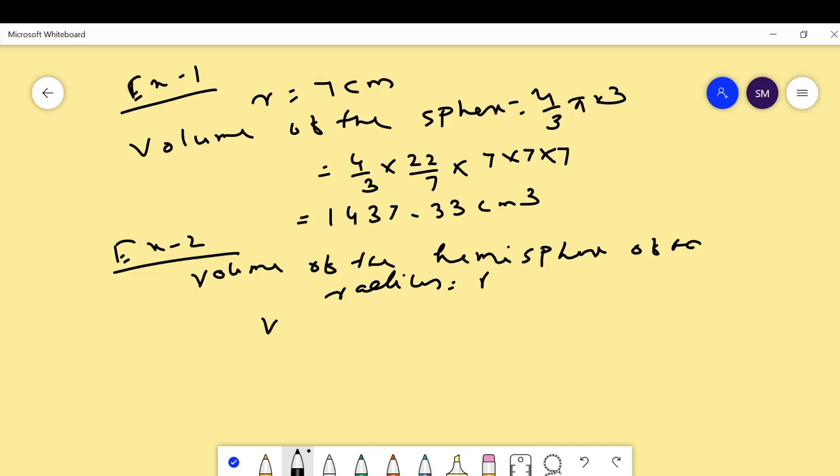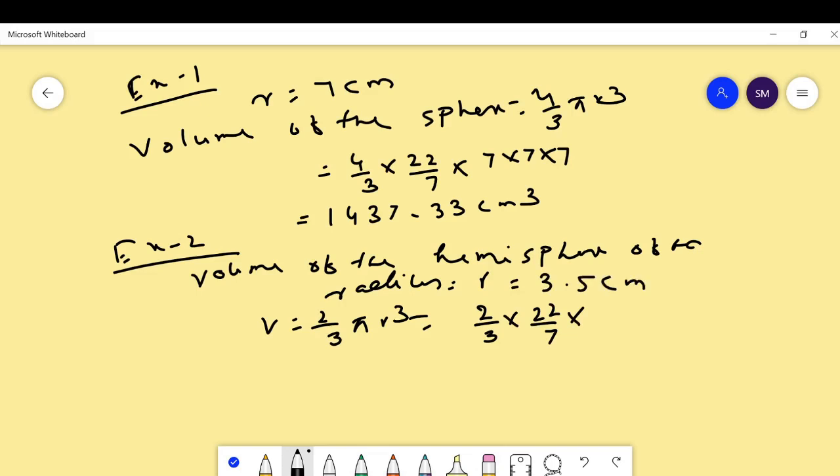Then V is equal to 2 by 3 pi r cube, which is equal to 2 by 3 into 22 upon 7 into 3.5 into 3.5 into 3.5, where r is equal to 3.5 centimeter.